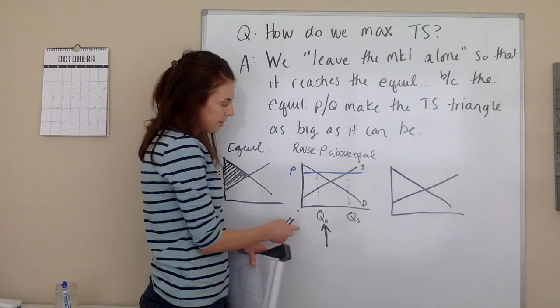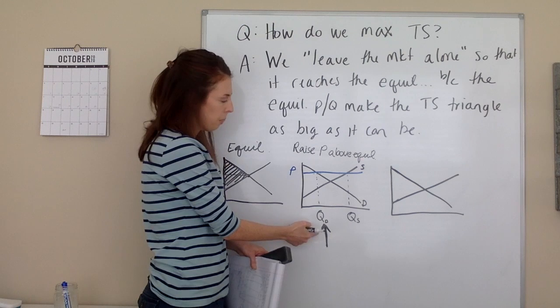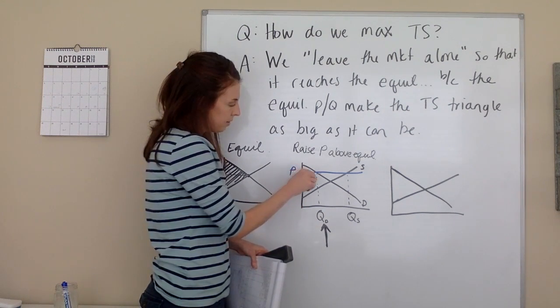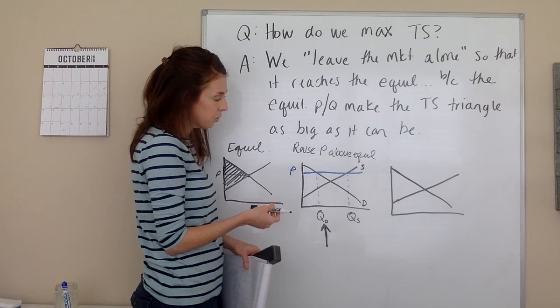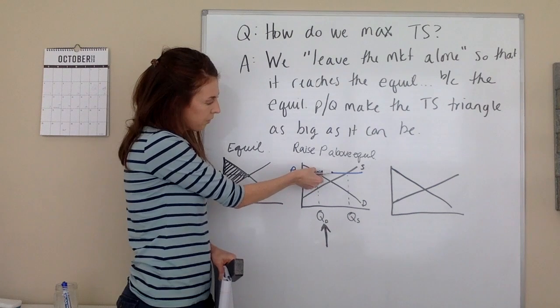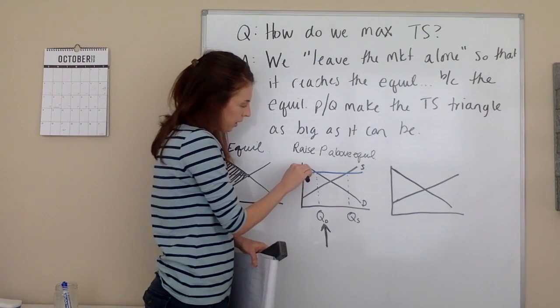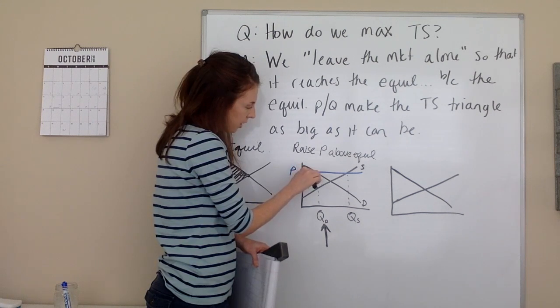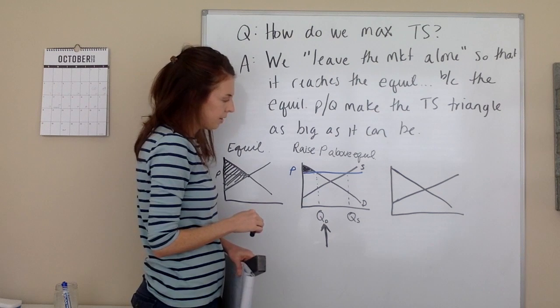Okay, that means that what we have now is a price up here, a quantity down here. So in this market, consumer surplus is pretty easy to figure out. Consumer surplus is the area that is underneath the demand curve above the price, but the price is now pretty high. So in this market, this little triangle up here is going to be the consumer surplus.